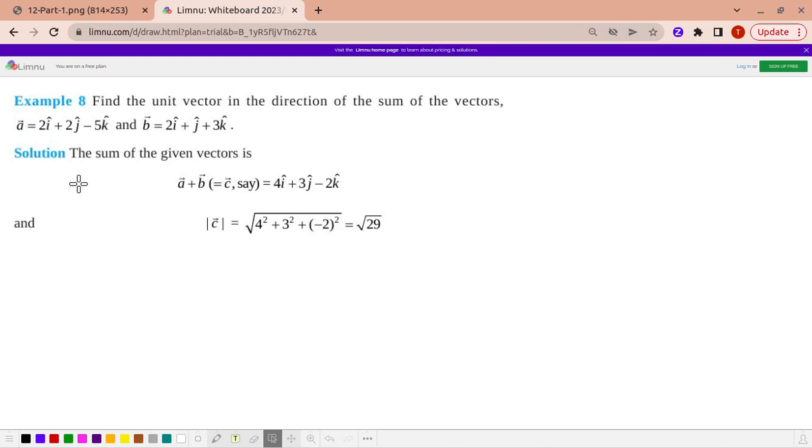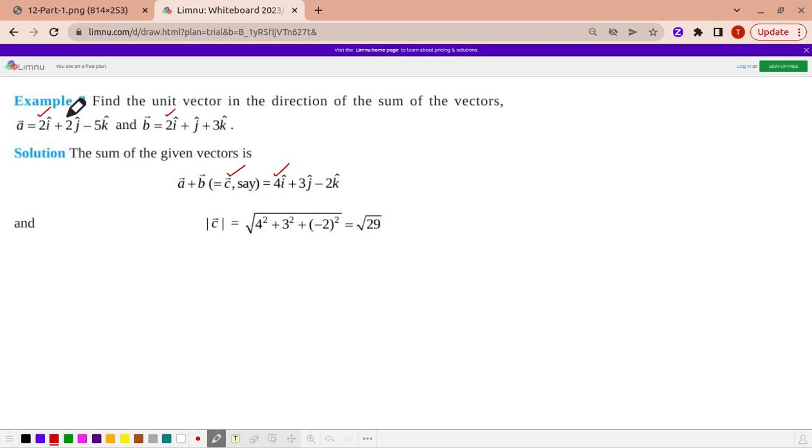It is the addition of their corresponding components. The vector c, if we consider it as a plus b, will be the addition of the i component of the vector a plus the i component of the vector b, means 2 plus 2 i cap, that is 4 i cap, which is written here.